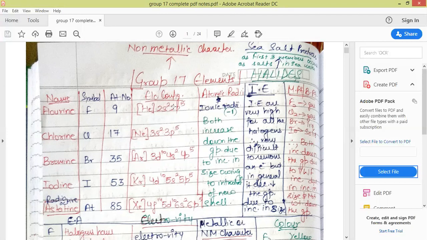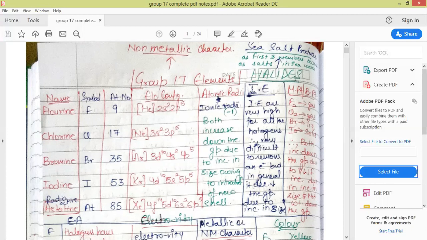The atomic radii and ionic radii generally increase down the group due to increase in size owing to introduction of a new shell. And there is no exception in this group. Both atomic radii and ionic radii increase as we move down the group.